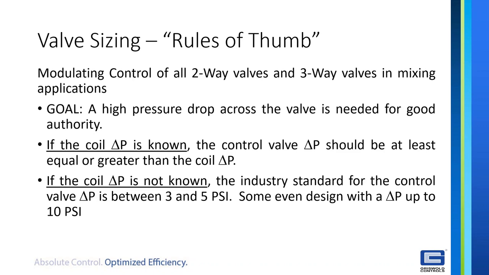So sometimes people think, well, if I want authority and I get more authority having the highest pressure differential, then why don't I just pick a high pressure differential? Isn't that a smart solution? And the reason that it doesn't necessarily work is because of cavitation. Cavitation is what happens when the fluid in the system vaporizes, and it specifically happens as it's going through a smaller port.